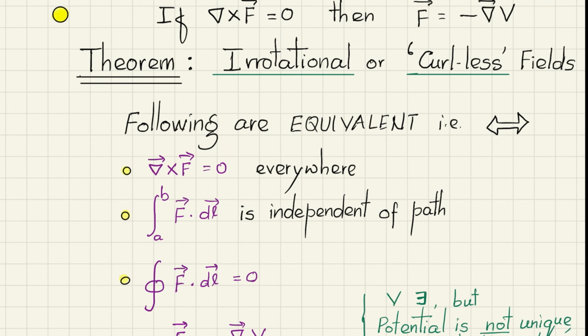These are already familiar for conservative forces. Electric field is a conservative force, gravitational force is a conservative force, and so these four statements are all equivalent to each other: del cross F is equal to 0, F dot dl is independent of path, for a closed path F dot dl, like work done, is 0, and F can be expressed as the negative of a gradient.